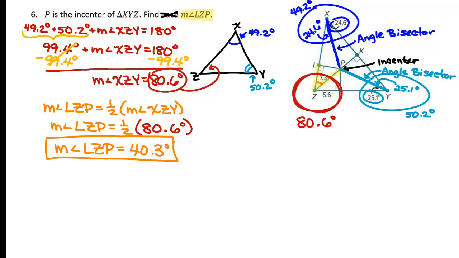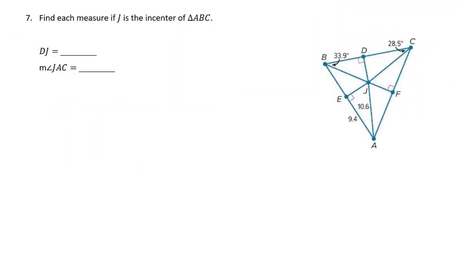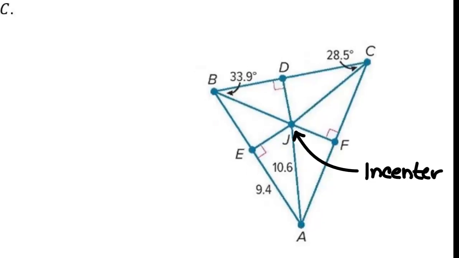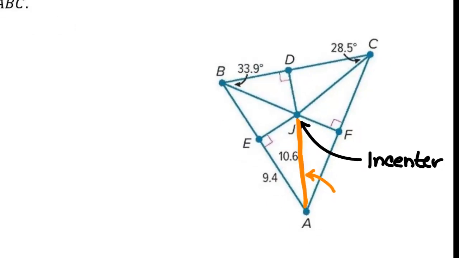Number 7. Find each measure if J is the incenter of triangle ABC. So this right here is the incenter. If that is the incenter, then what is this segment called? Angle bisector.